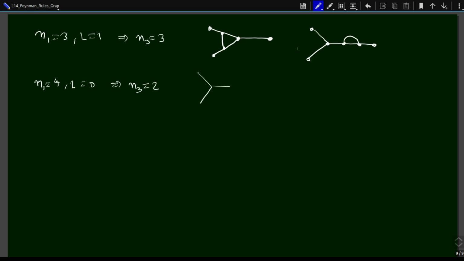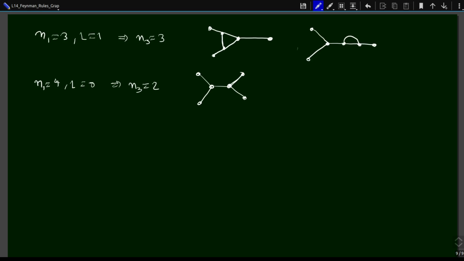The diagram is this. These are 4 1-point external legs, and here the 2 n3s. It is a scattering process. It could be 2 scalars going to 2 scalars. Can it be? No. It can be 2 fermions going to 2 fermions.